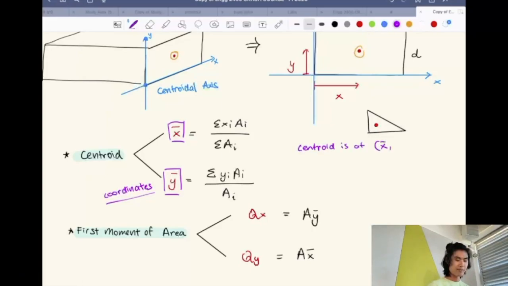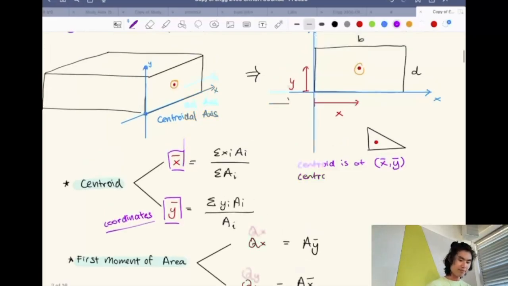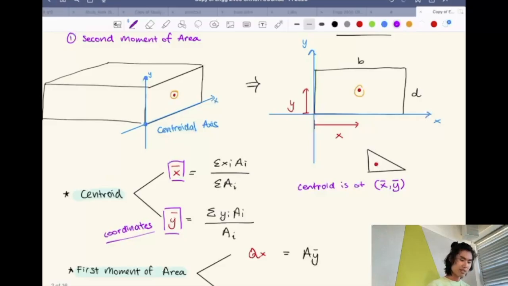That will be where x bar is the distance from the center of your centroidal axis, and y will be the distance from your y-axis. So, for example, that will be x bar and that will be y bar.